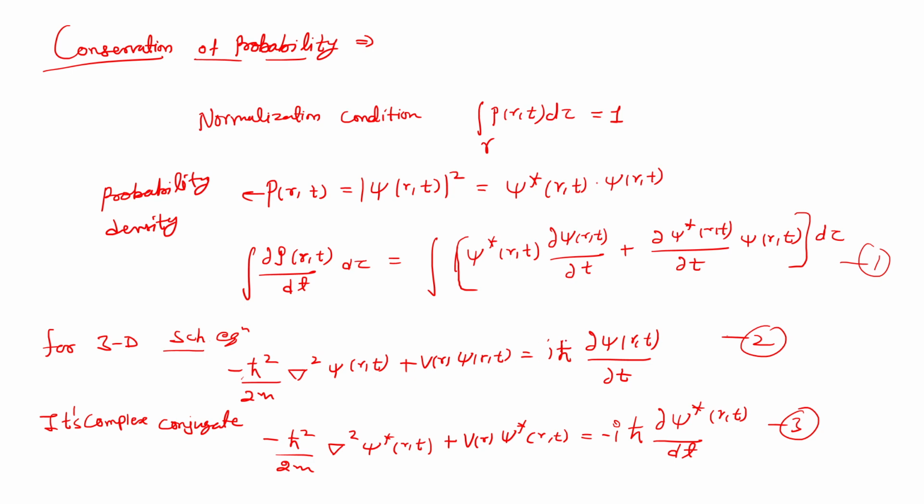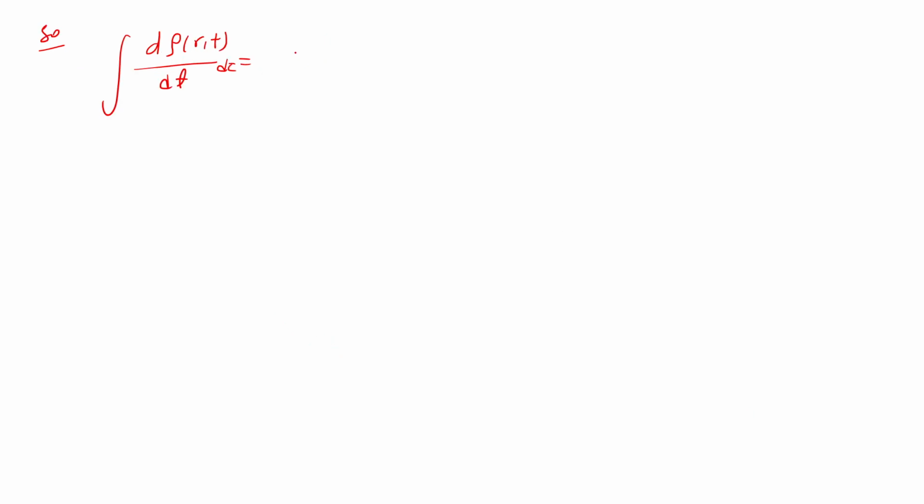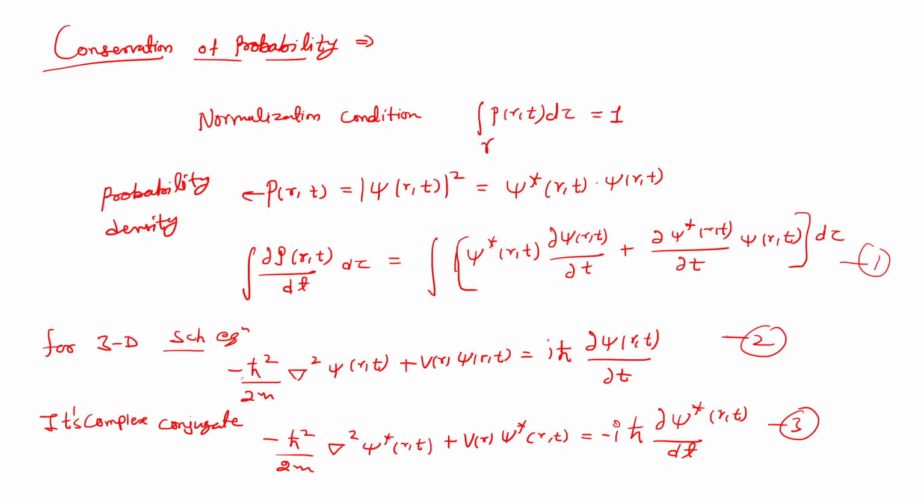If I send this i h cut to the other side, what are we going to get? Minus h cut upon 2 i m, which I am taking outside. Then in the inner part we have psi star(r, t), and in place of d psi(r, t) over dt we have del square psi(r, t). This function we will deal with later.